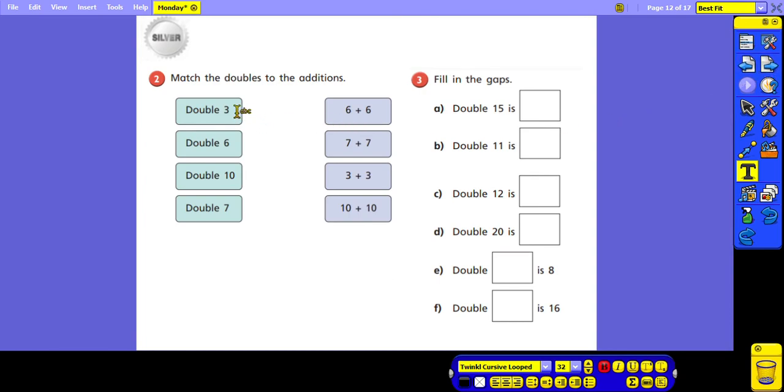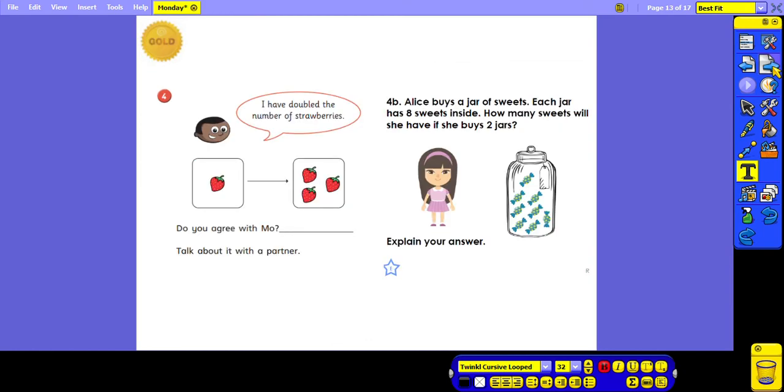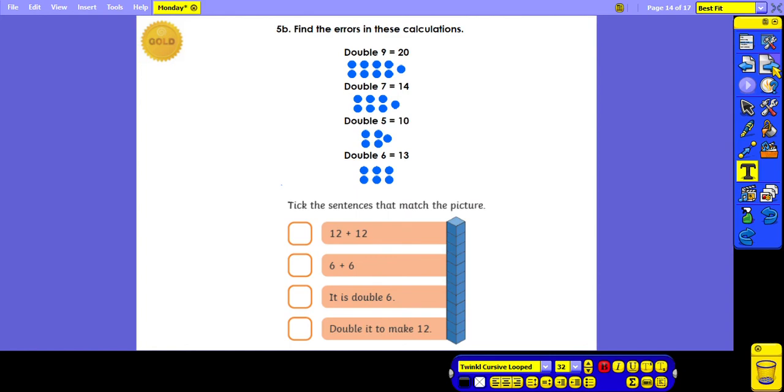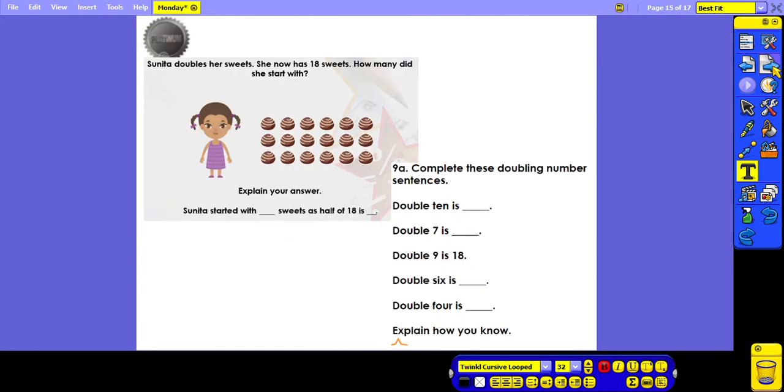And here you're matching the doubles to the right additions. And here you've got to fill in the gaps. Okay, and then you've got some reasoning and problem solving questions for gold. And then a couple of platinum challenges as well.